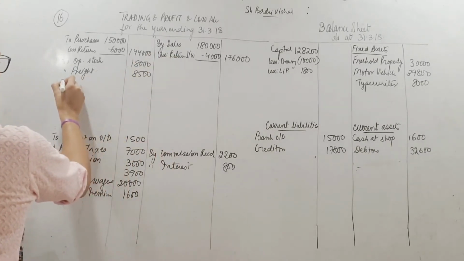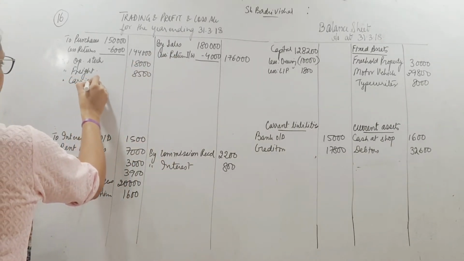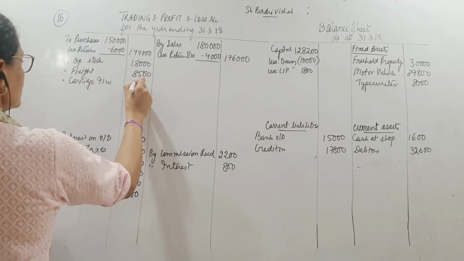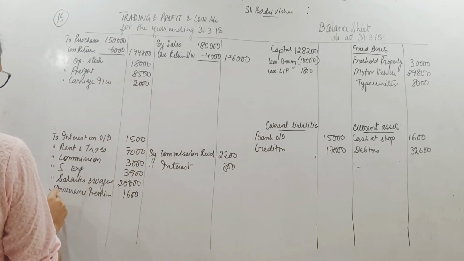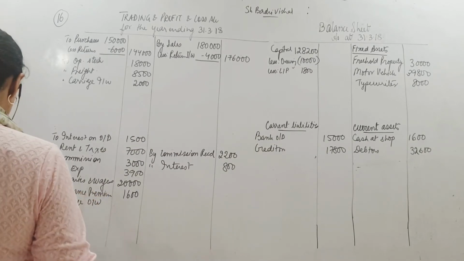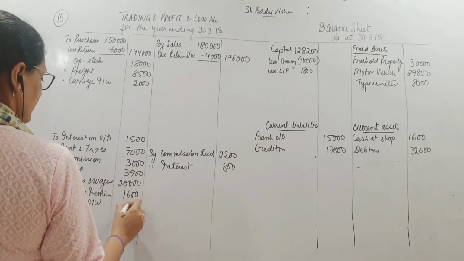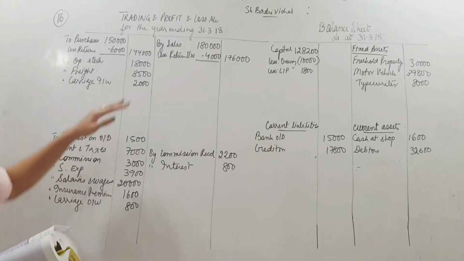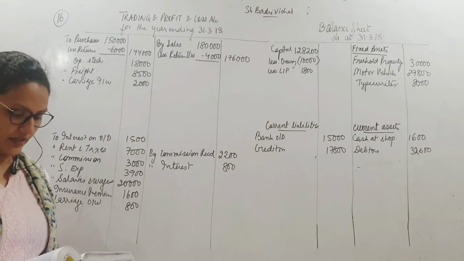Carriage inward, direct expense. Okay, carriage inward is 2000, direct expense. Carriage outward is indirect, so it is in the PL account. Fine, remember this. This is on goods purchased, this is on goods sold. PAR.